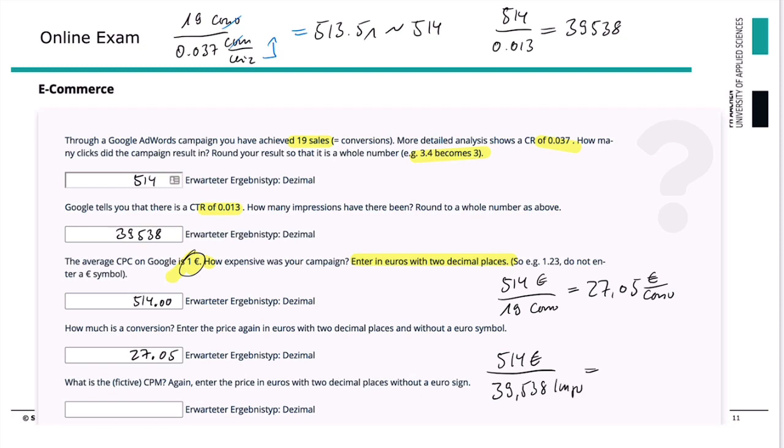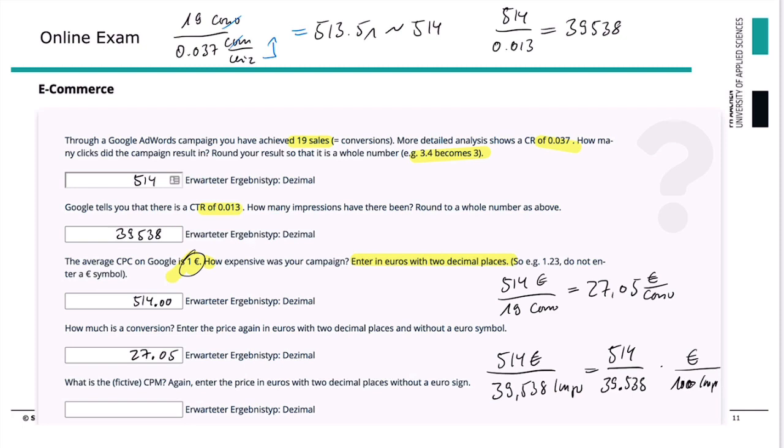And now I would like to have a price for 1,000 impressions. So what I'm doing is I divide this 39,538 by 1,000. So this is 514 divided by 39.538 times euro per 1,000 impressions.